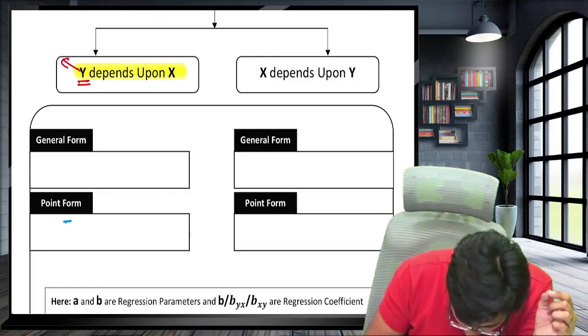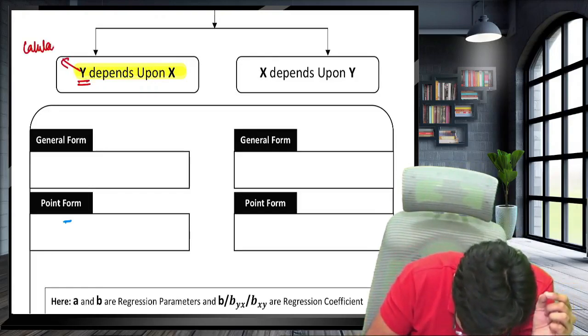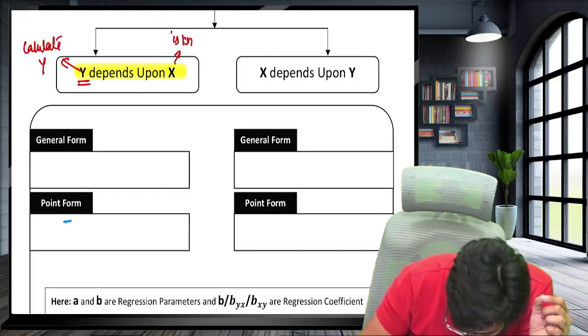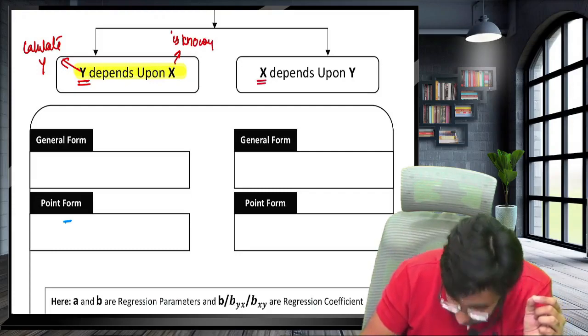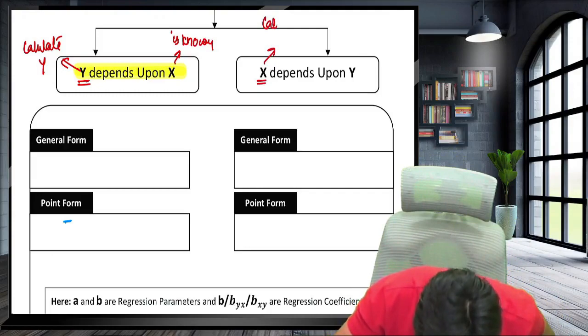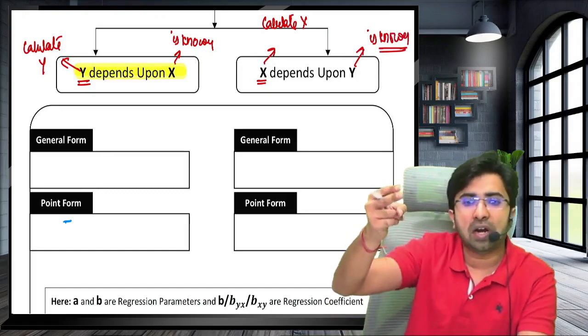Here I have to calculate y, and x is known. And when you want to calculate x, here y is known.